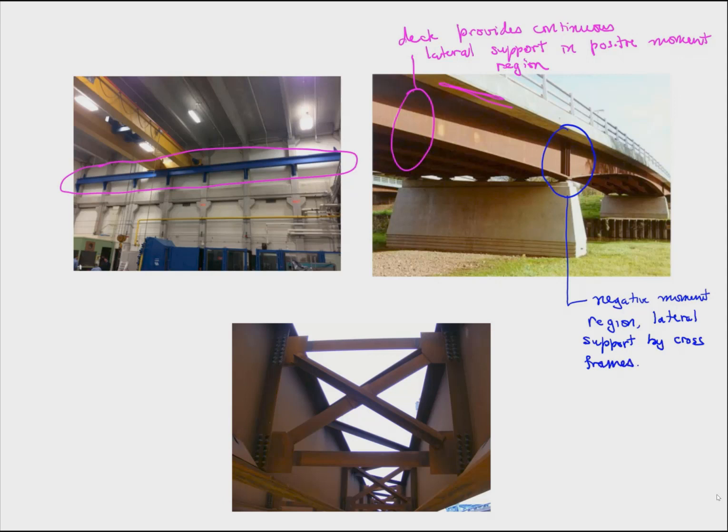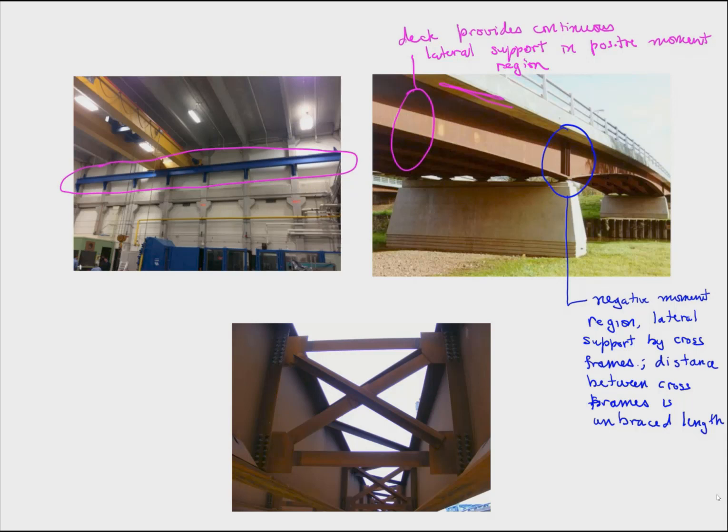And so this is not continuous, and the distance between cross frames is called the unbraced length. So in the unbraced length, the beam is not laterally supported. It's only laterally supported at discrete points.